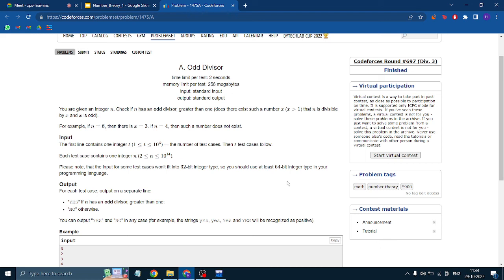Suppose you have all the prime factors, right? All the prime factors of the integer n. Then can you check if it has an odd divisor?